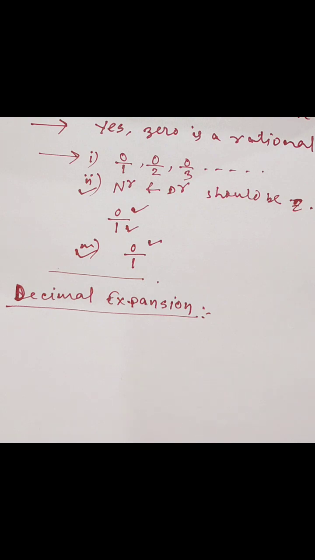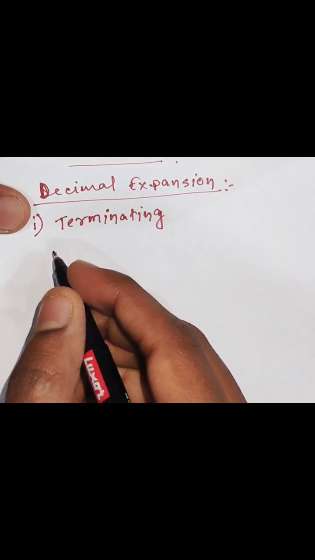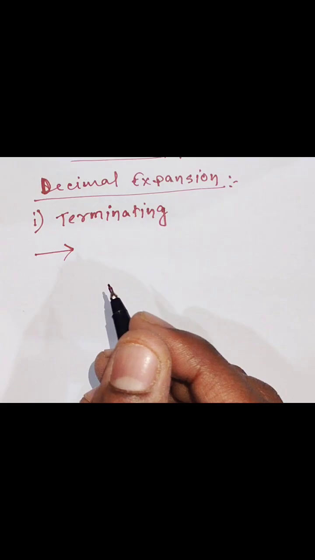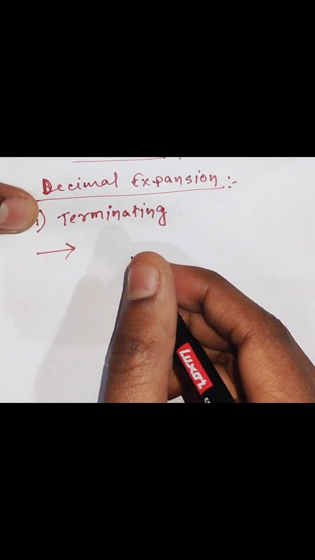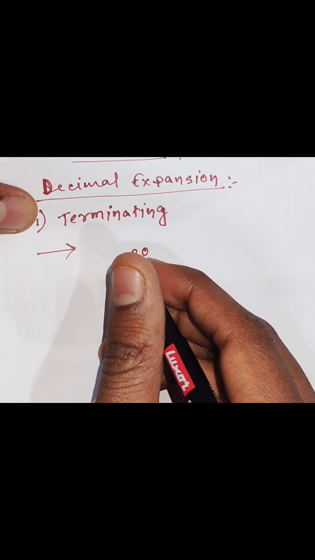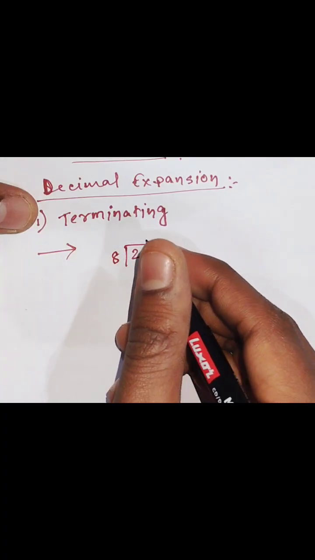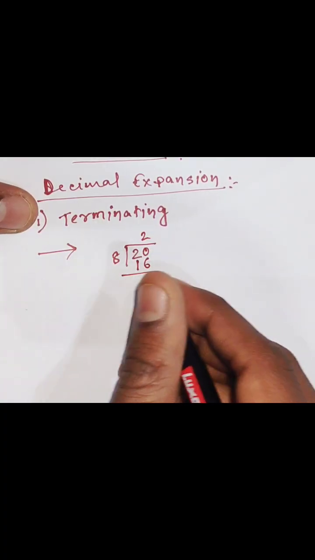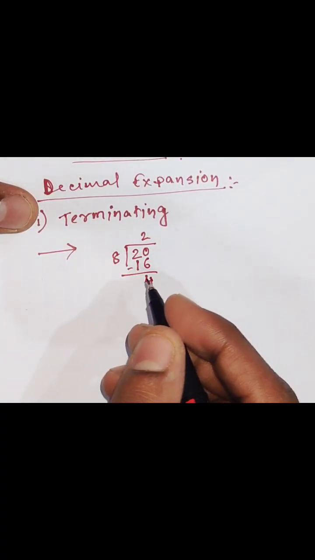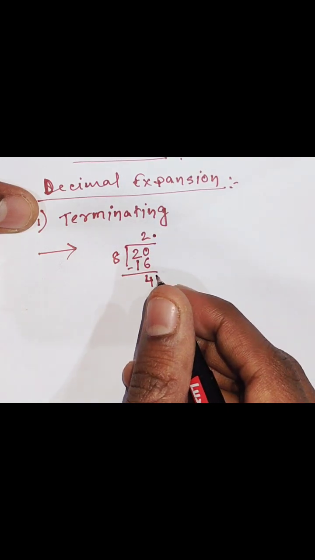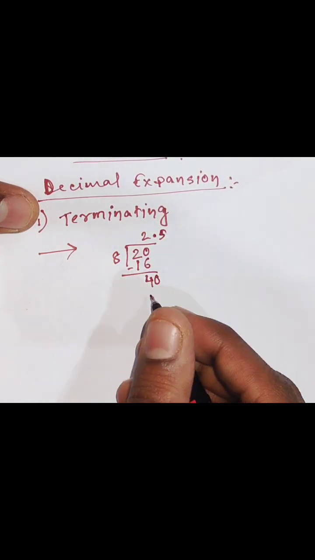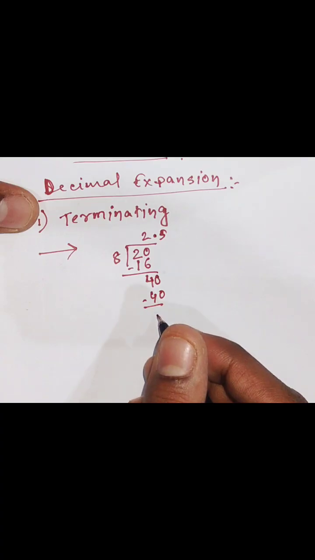In mathematics, decimal numbers are categorized in three parts, which is called decimal expansion. The first part of decimal expansion is terminating decimal expansion. It means it will have a fixed number of digits. For example, if we divide 20 by 8, 8 twos are 16, remainder 4, decimal, 40, 8 fives are 40, remainder 0.